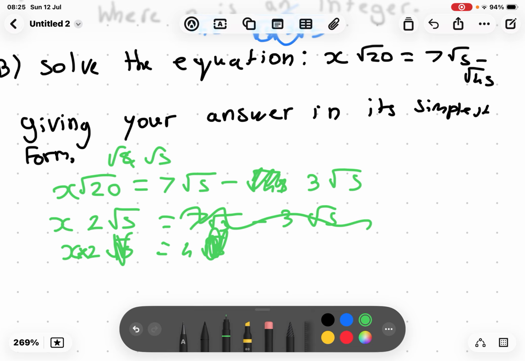Like, not exactly simplify, but like, we can ignore them because they're exactly the same. So, let's say if we remove them from the answer right now, whatever answer we get, we can add them back because they're both there, if that makes sense. So 2x equals 4, so x equals 2.